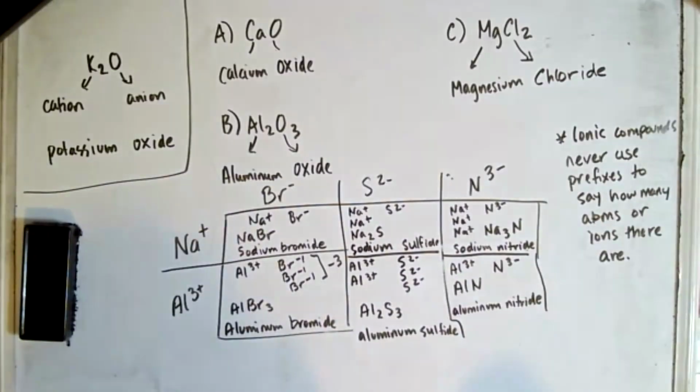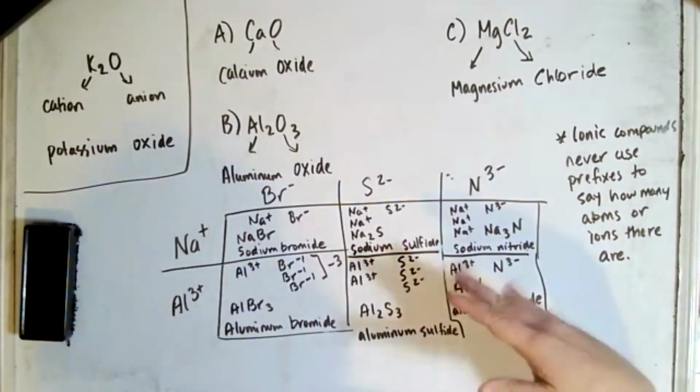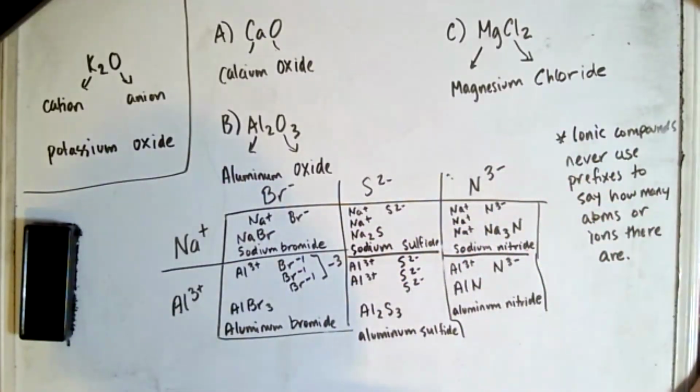We have metals, most of them are in the transition group. Some of them are present outside of that transition group, but most of them are in the transition group. And they're going to have charges that change from compound to compound.